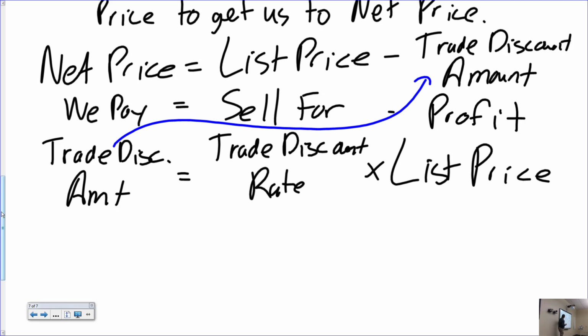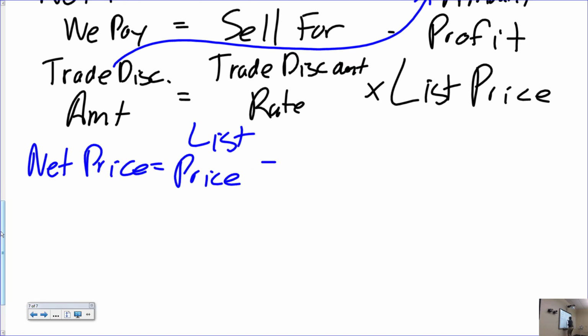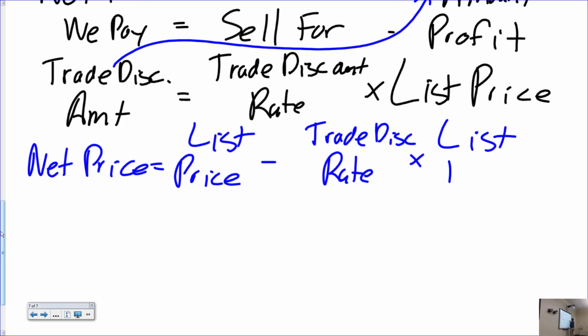And just so that you can see it before we go, I take what this trade discount amount is as a calculation and substitute it up into that equation. Net price equals list price minus trade discount rate times list price.